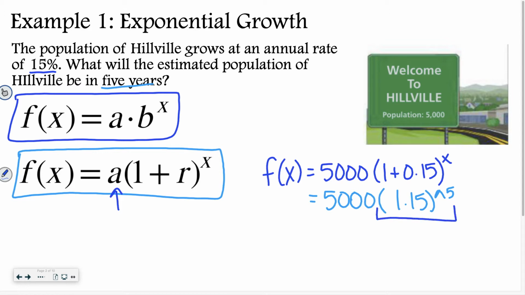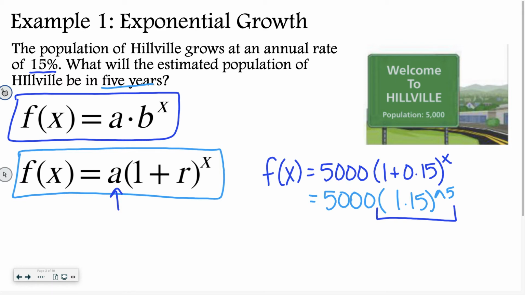It knows that it has to do that exponent first. So your calculator is going to start by multiplying 1.15 to the 5th power before it multiplies by 5,000. So if you don't have a calculator strong enough or powerful enough to do that, you want to make sure that you do the 1.15 to the 5th power first before you multiply by 5,000.